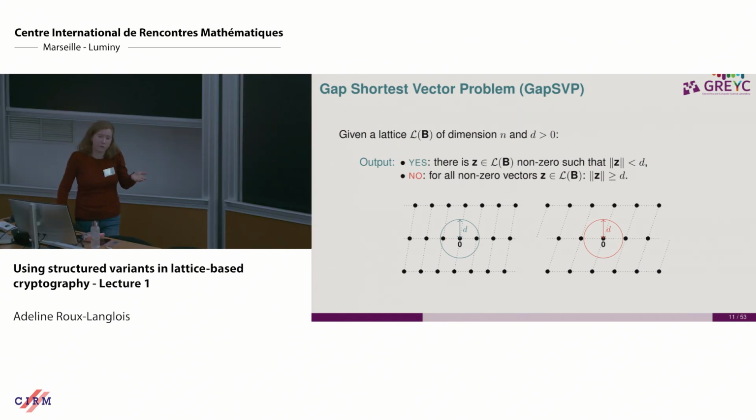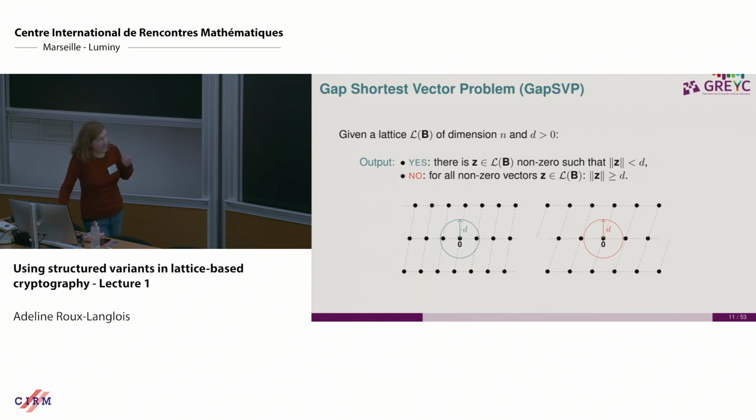So I give you a basis, and you have to answer yes or no. Do you think there exists a vector in this lattice which has norm less than D? When you see it like that, does it look easier or harder than the other one? Easier, yeah, sure.